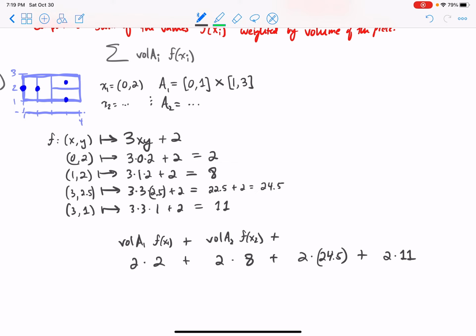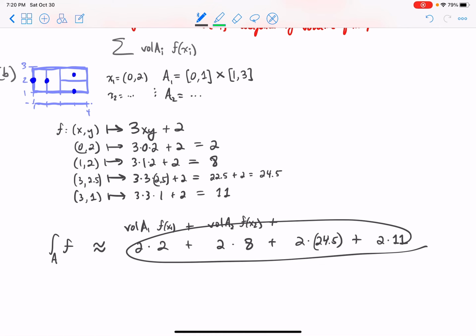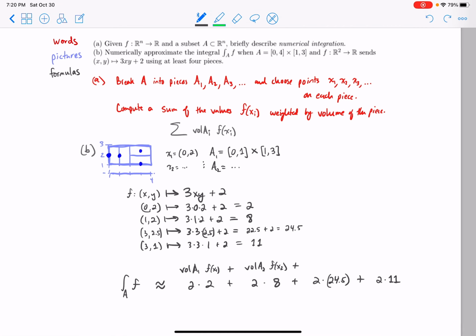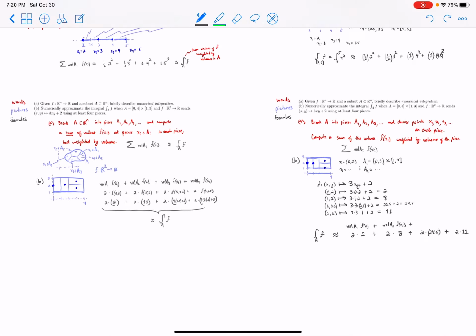And so that's the answer. This is the integral of the function f over the region A, and it's approximately this number. Okay, words, pictures, and formulas. Looks good. Let's look at my other solution.